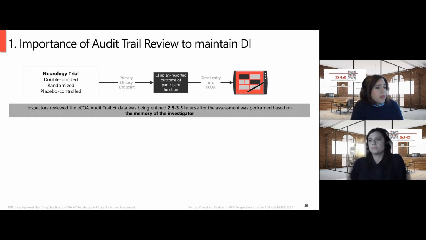The problem there was that according to the protocol, there should have been a direct entry of the participant function during the patient visits at the clinical site. However, when the inspectors reviewed the audit trail within the device during an inspection, they found that the data was being entered on average 2.5 to 3.5 hours after the visit, after the assessment had taken place at the clinic.